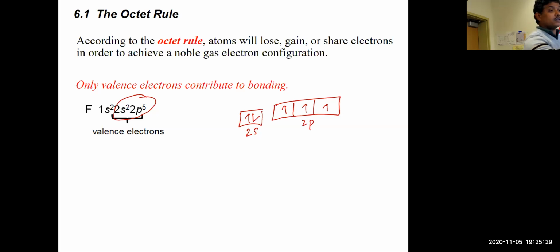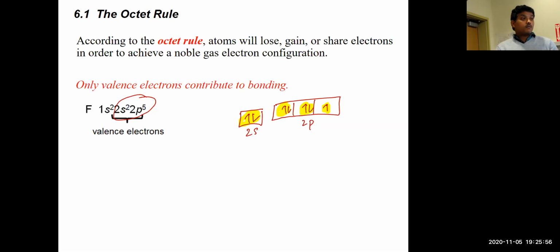So now I can start thinking about pairing an electron. So do you see now that currently here I have a lone pair, a lone pair, a lone pair, and a single electron here. This is how we end up having 3 lone pairs and 1 single dot for fluorine, because that is how they arrange themselves in an orbital.